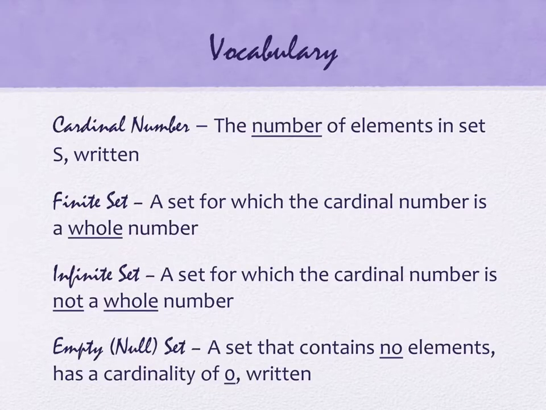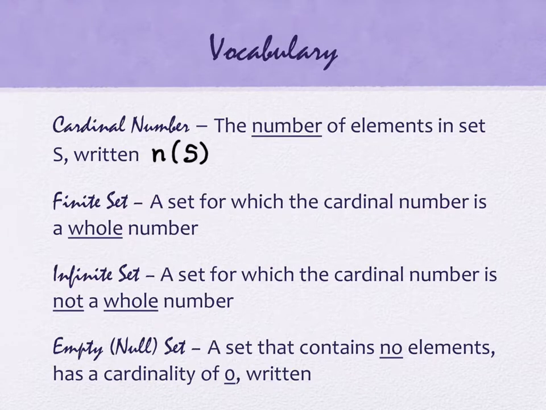All right, a cardinal number for a set is just the number of elements in the set. So if the set is S, then the cardinal number is n of S. So it looks like this. It just means the number of things in it.